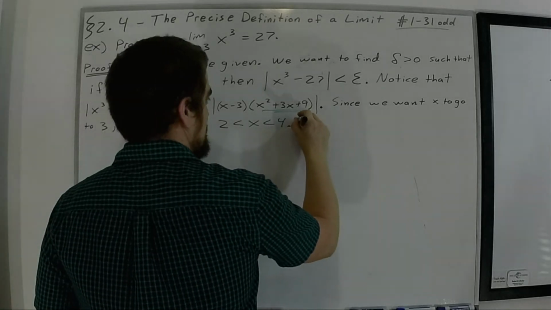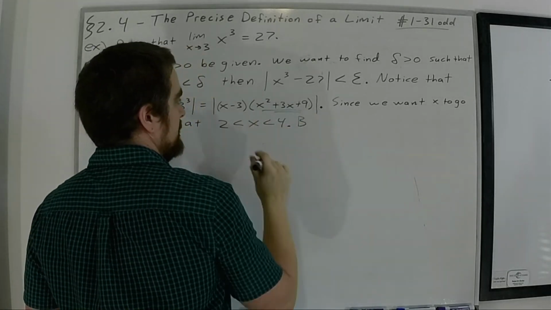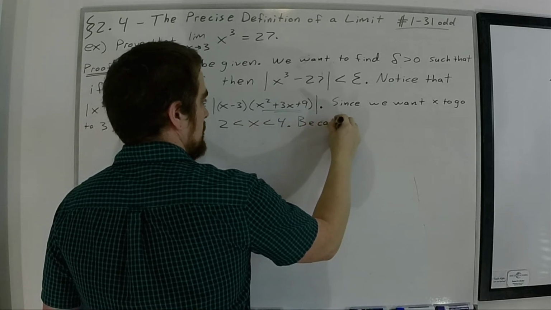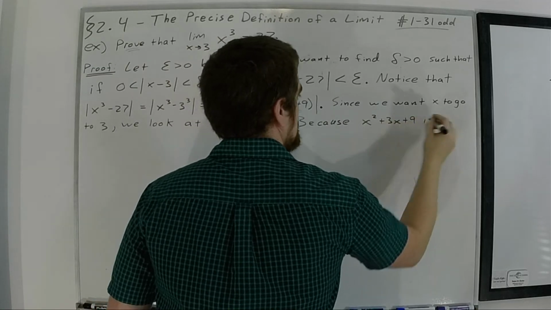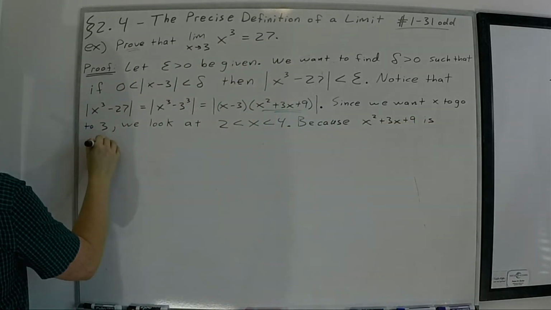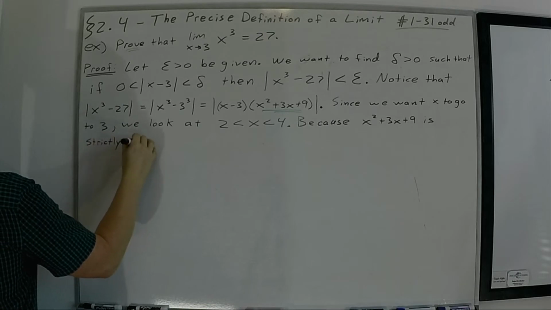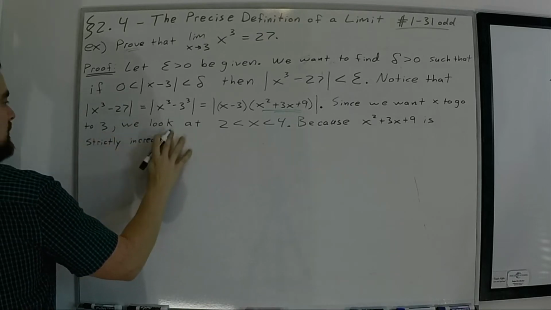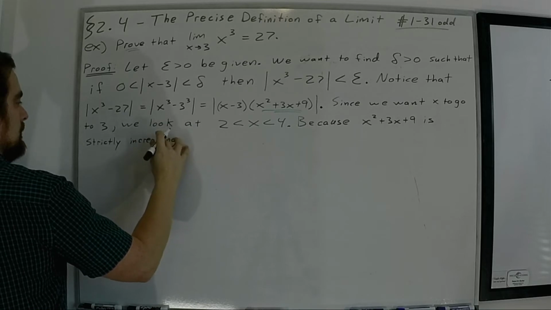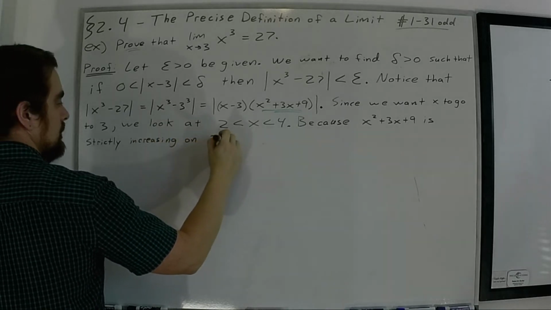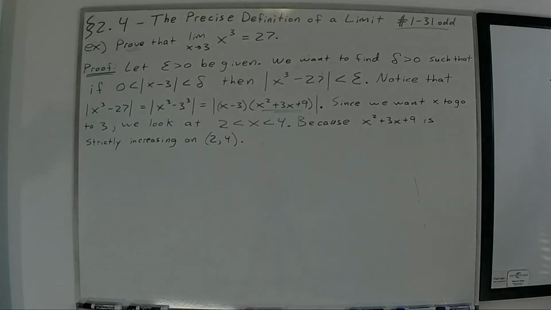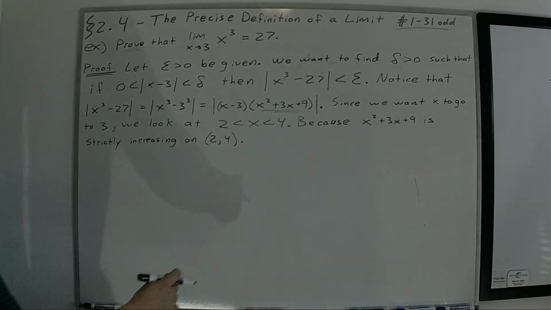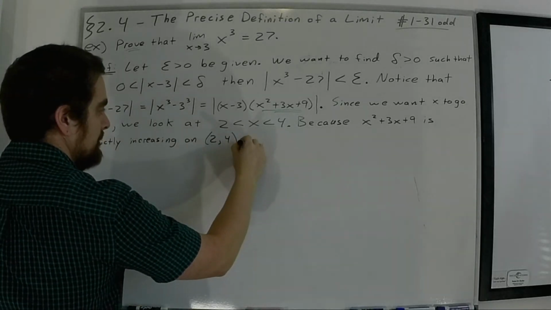One other thing I want to say about this function x squared plus 3x plus 9 is that it is strictly increasing on the interval 2 to 4. We'll use the open interval 2 to 4. We don't actually need to use the 2 or the 4, basically.